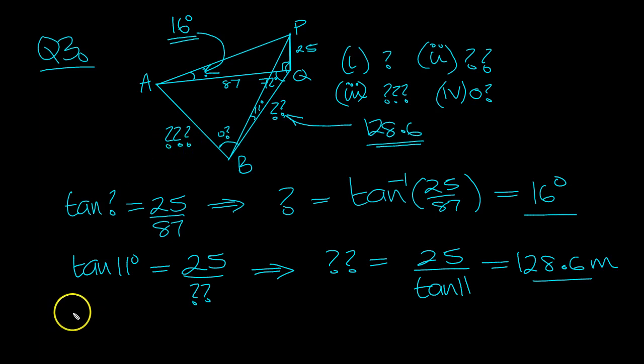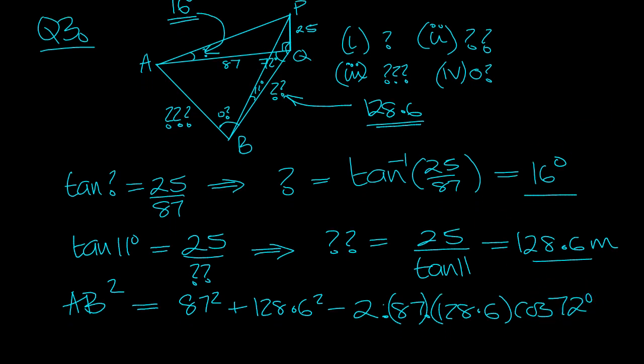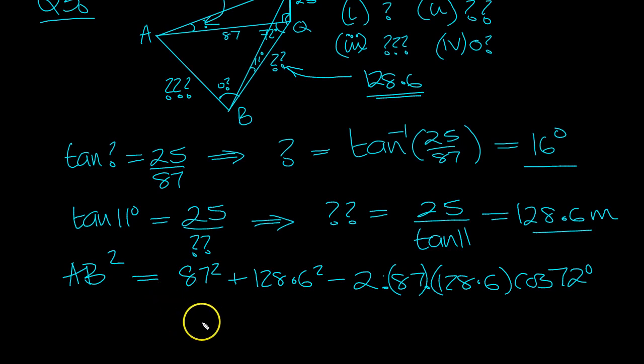So AB squared is equal to the 2 sides, A squared equals B squared plus C squared, so it's equal to this squared plus this squared, 128.6 in the calculator, squared, minus 2 times 87 times 128.6 times the cosine of the included angle, 72 degrees. Okay, good. So that would be AB squared.